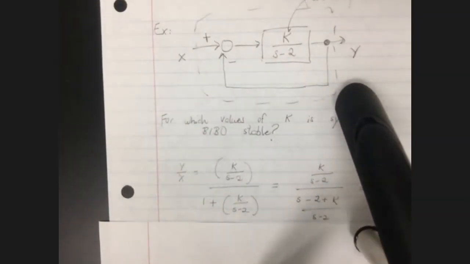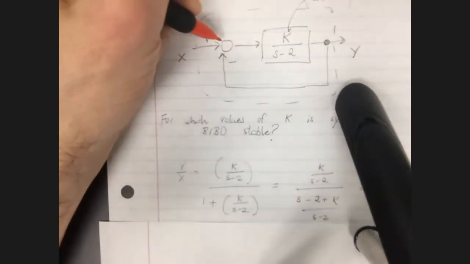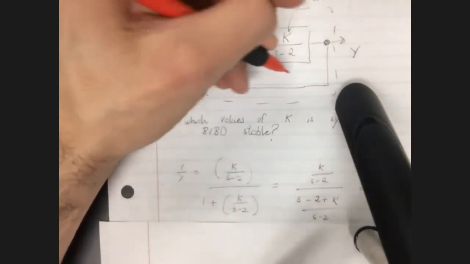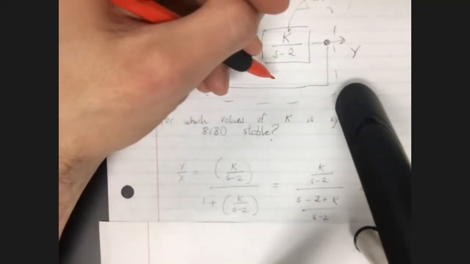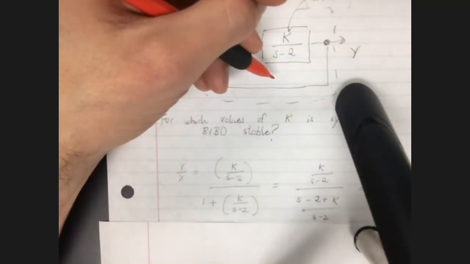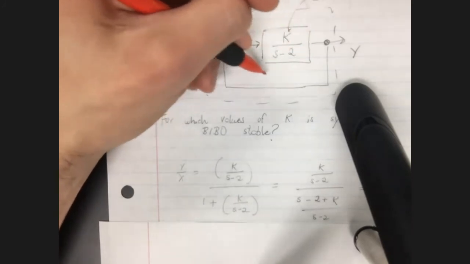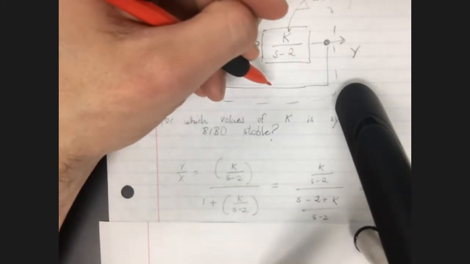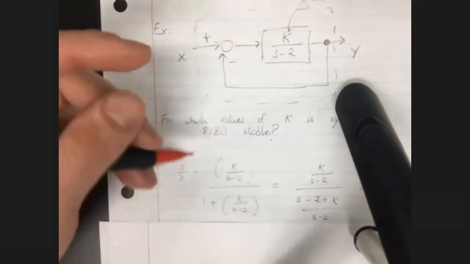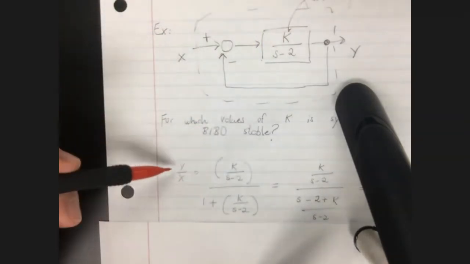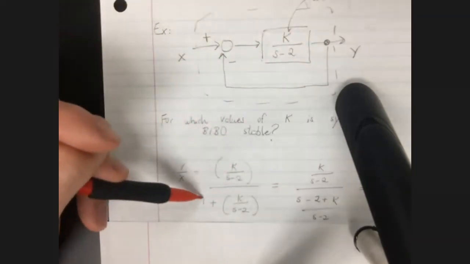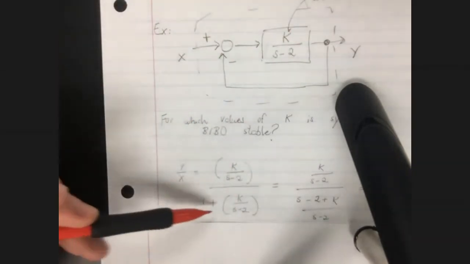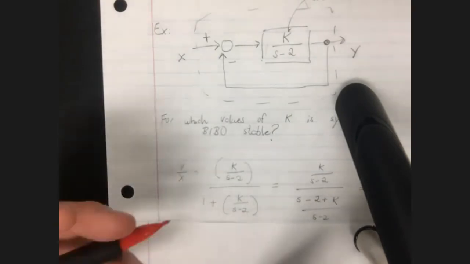You can think of it as having a direct path and a feedback path. You might say we have no block in the feedback path, but when you have no block, you're basically multiplying by 1. So instead of an H2 here, you just multiply by 1. When you do that, you get that Y over X is this block, K over S minus 2, over 1 plus the same thing, K over S minus 2.